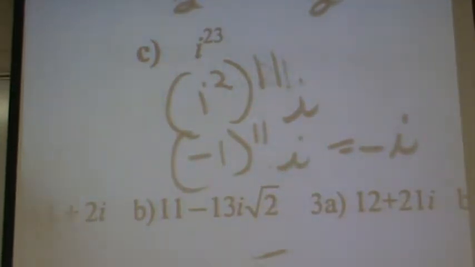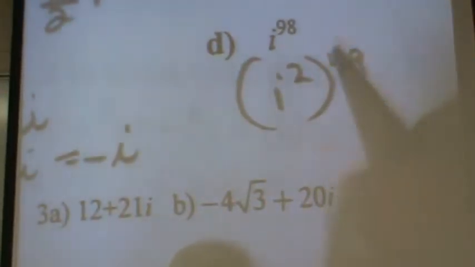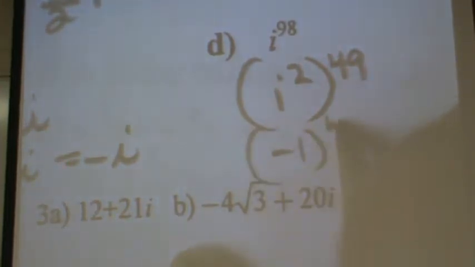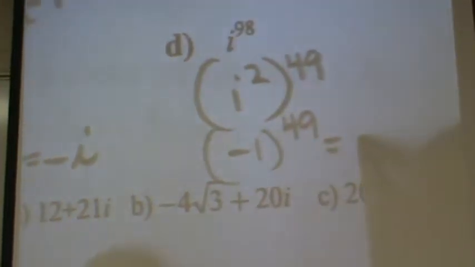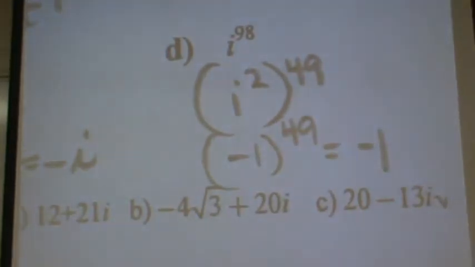And the last one, 98. How many times does 2 go into 49? So it's going to be -1 to an odd number, which is easy. Those are easy? Okay. All right, backside.